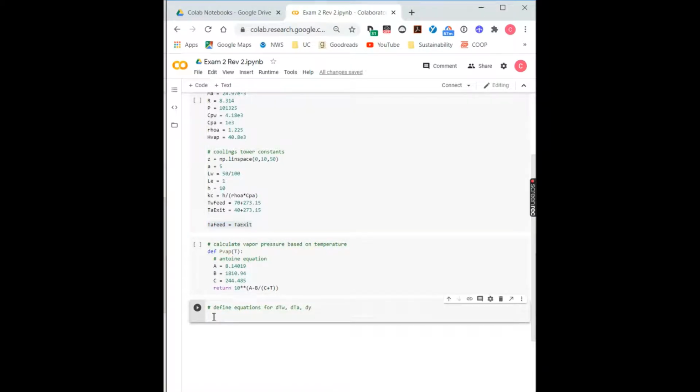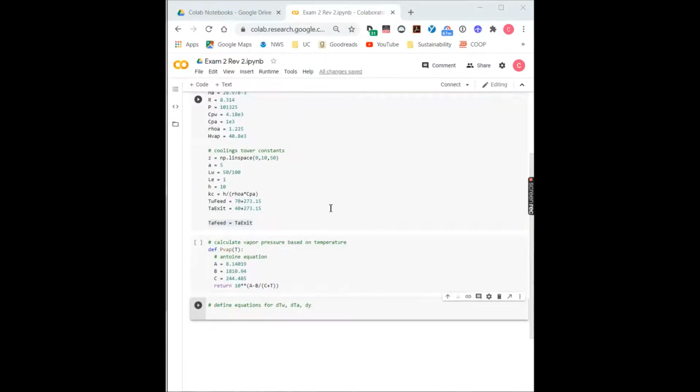So we're going to have our function that's defining our differential equations inside of another function that we'll use to optimize our guess for the feed temperature of the air.